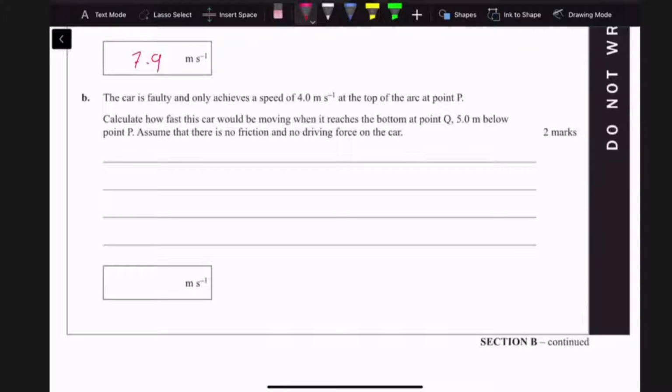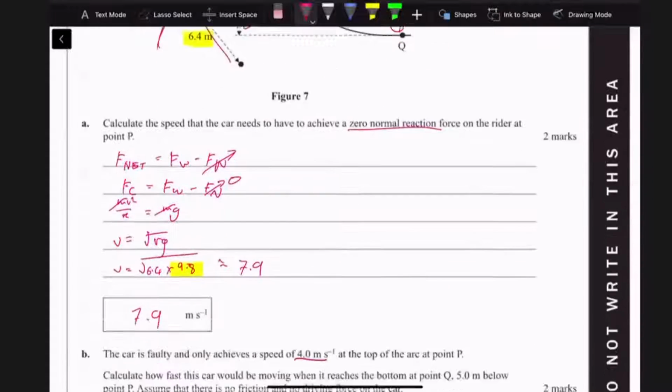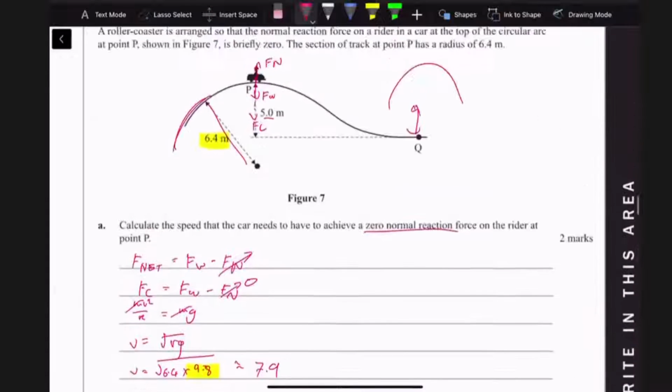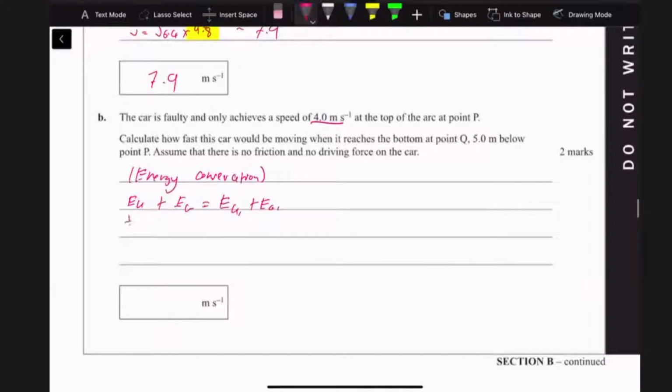So the car cannot actually achieve the speed because it only gets up to 4. Now calculate how fast it would be moving when it goes to point Q. For this question, we're going to use energy conservation at P and at Q. So EK plus EG at P equals EK1 plus EG1 at Q. At point P, EK is going to be half mv squared.